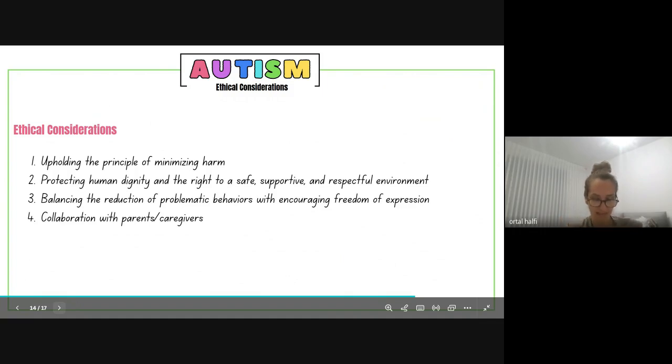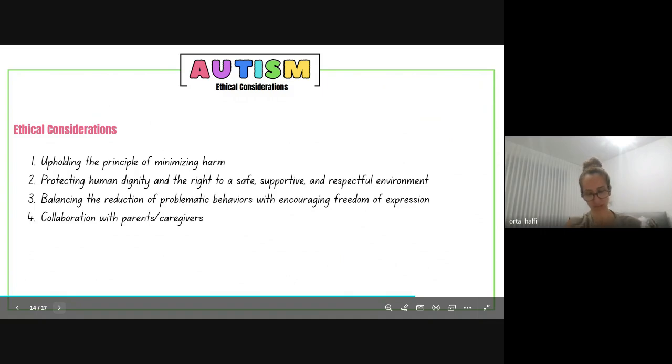Three, balancing the reduction of problematic behavior with encouraging freedom of expression. There is an ethical challenge because some self-stimulatory behaviors provide individuals with personal pleasure or self-regulation. Reducing those behaviors without offering a proper alternative may harm the child's sense of personal freedom.